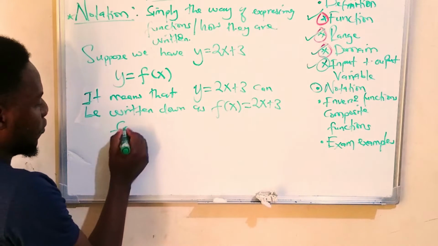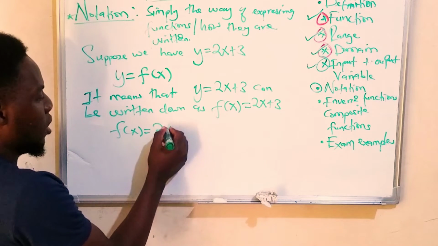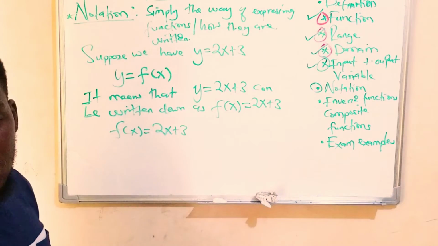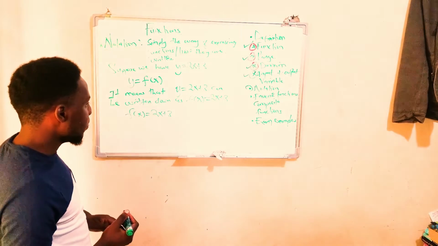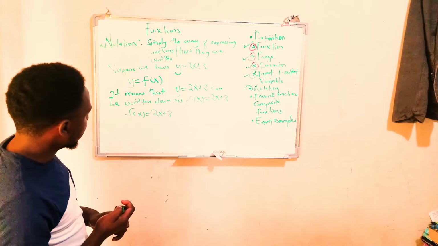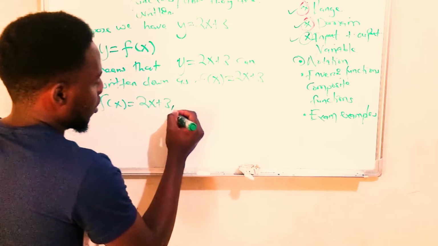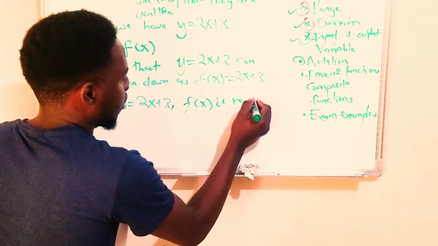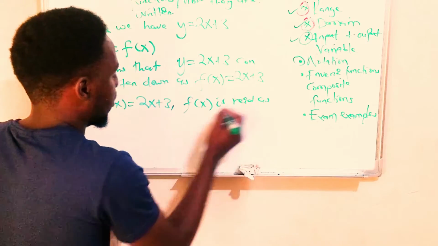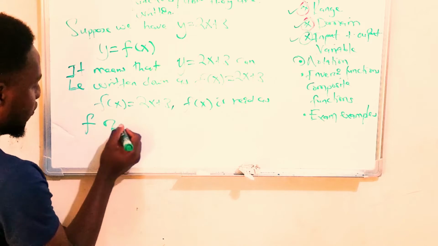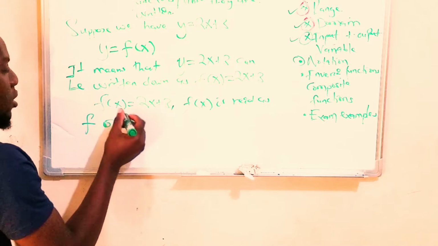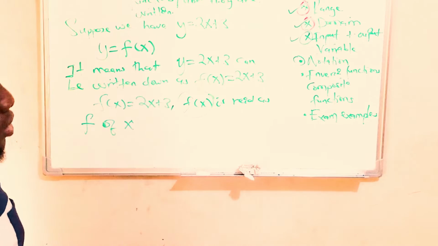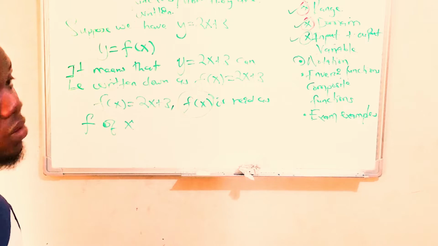So this f of x is a way in which functions can be written down or shown. This thing, f open bracket x, is read as f of x.